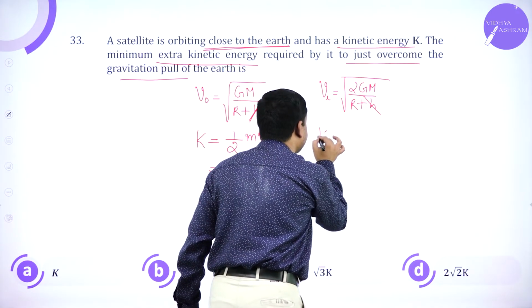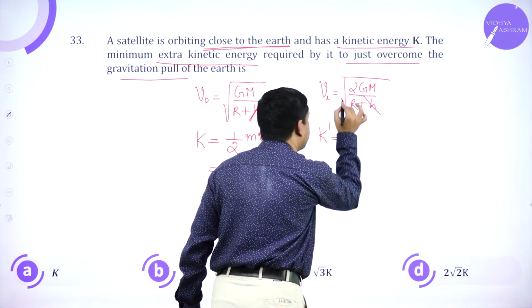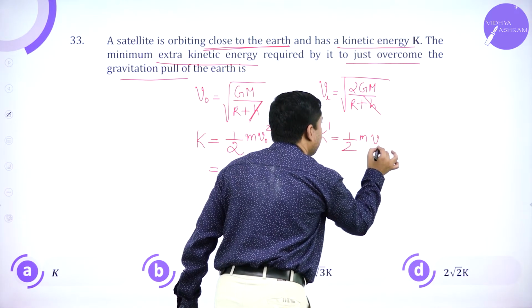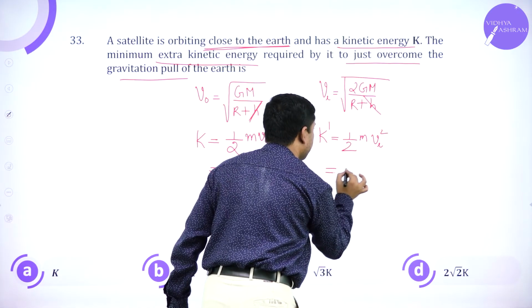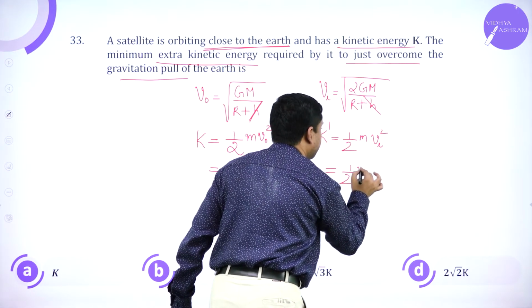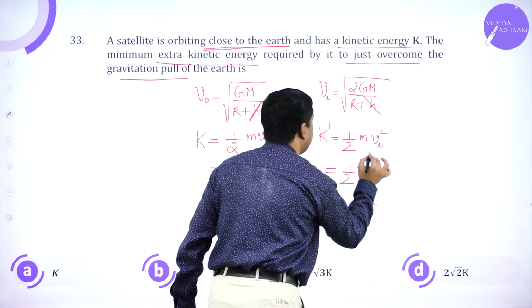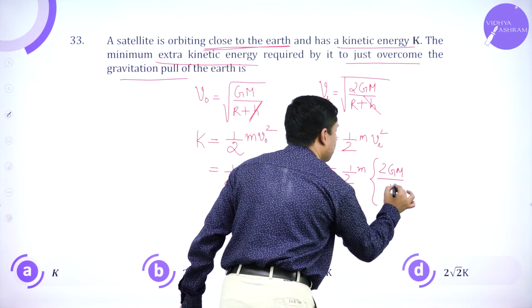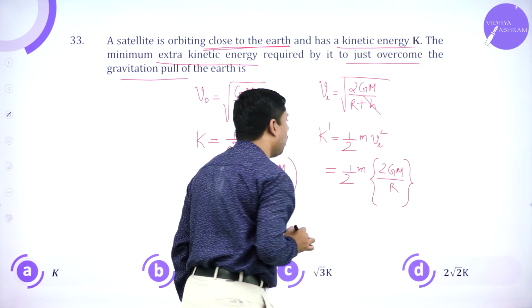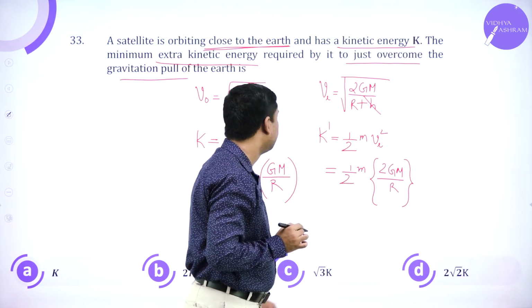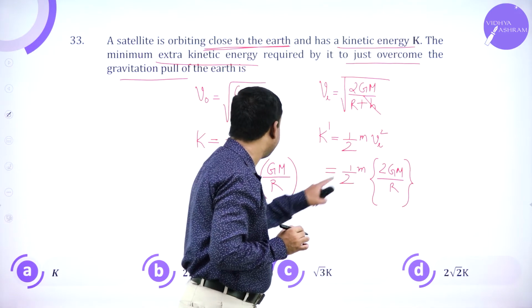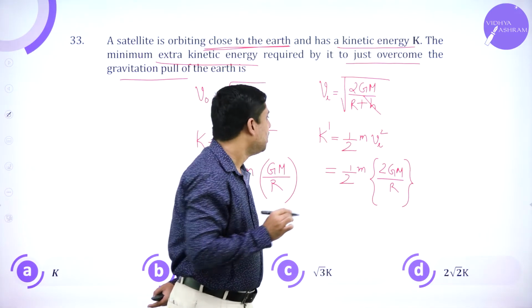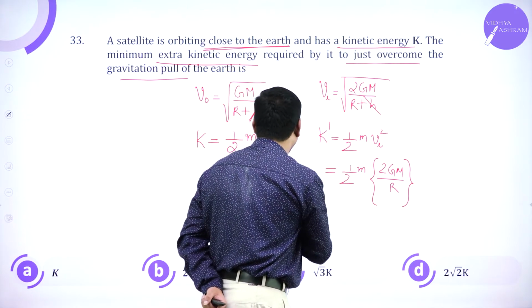So in this case, K dash is half m v_e square, which is half m into 2GM by R. So if you observe, K dash is given by this expression, which is in terms of 2K.